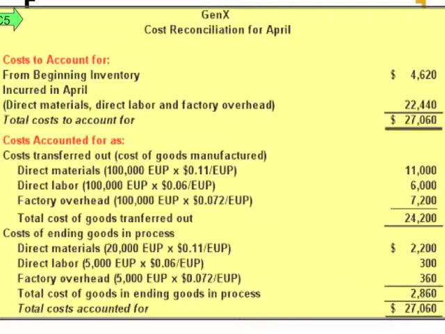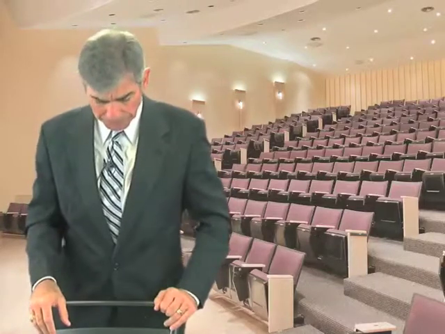But notice at the very top, we had $27,000 worth of total costs that we needed to account for, and we have actually accounted for $27,060 worth of costs at the bottom of the slide. So that's an important consideration for you to make. You must account for all the dollars that you're supposed to be taking into consideration.